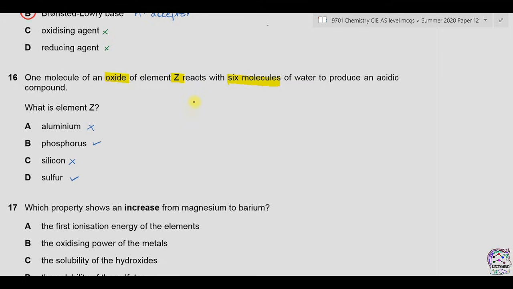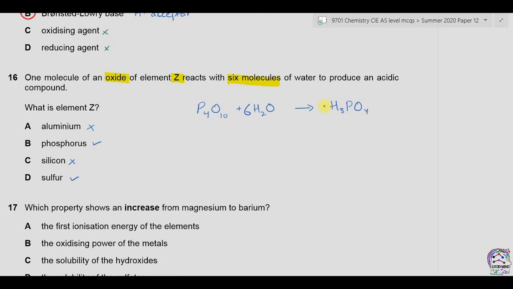Now let's write the balanced chemical equation. Phosphorus oxide is P4O10. It reacts with water to produce phosphoric acid. As we know that there are 6 molecules of water, so it will be 6H2O.